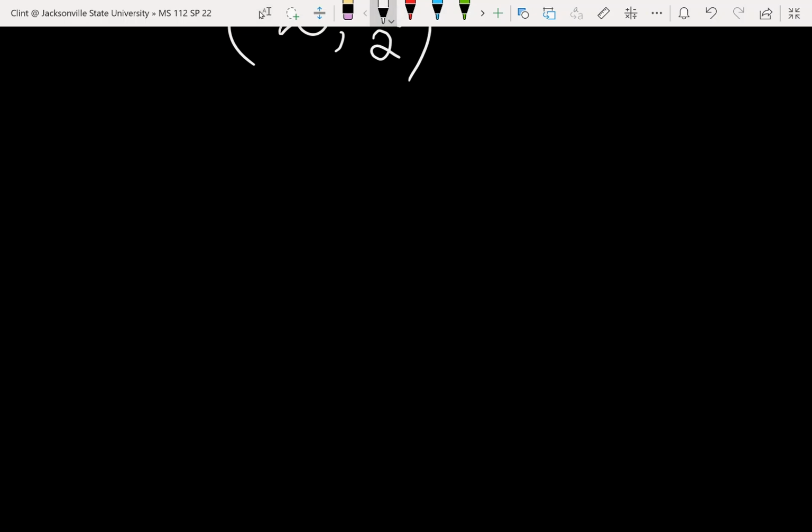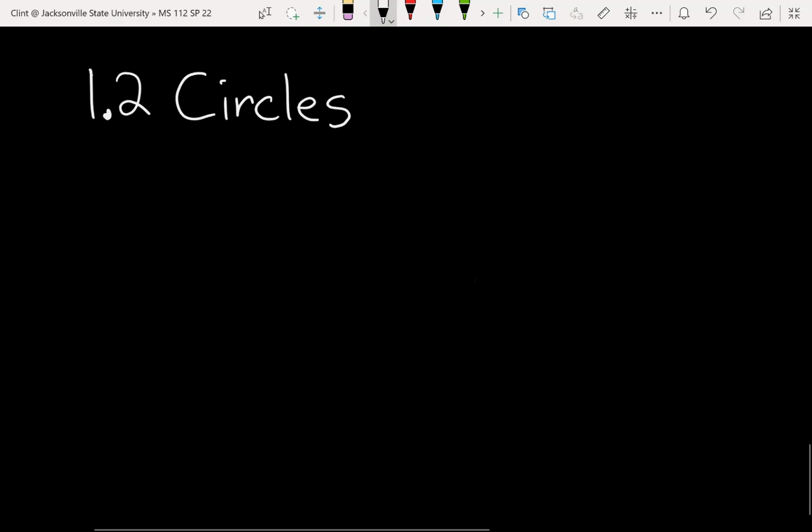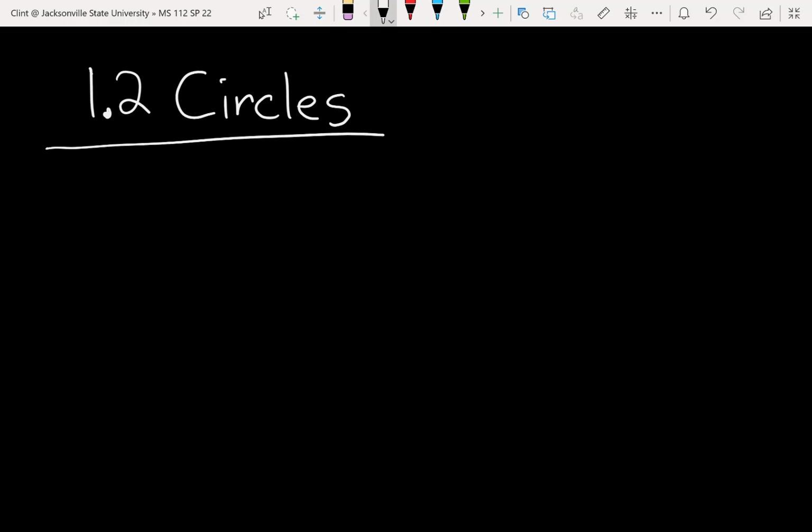The other little small topic we want to talk about in section 1.2, so out of order, is circles. Not too much. I want you to be a little bit familiar with some circle stuff.